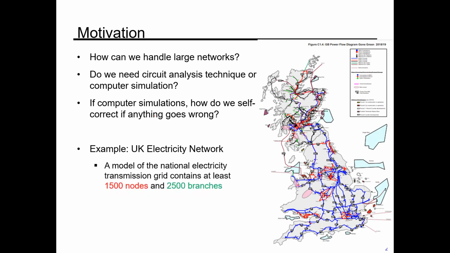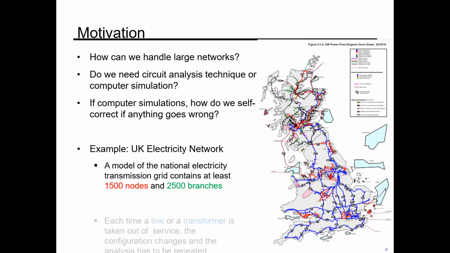We must be able to do the analysis by hand calculation. So, for example, now it is 1,500 nodes and 2,500 branches. We cannot use hand calculation every minute, but we should expect to do the outcome by hand calculation.